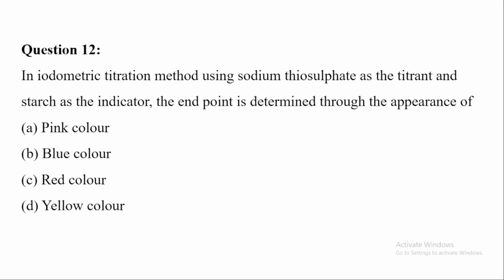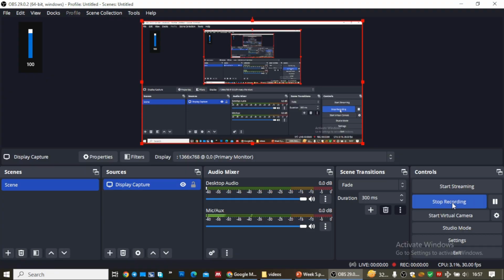When starch reacts with iodine, the color of that product is blue, blue-black or blue in color. So the answer for this question is blue color.